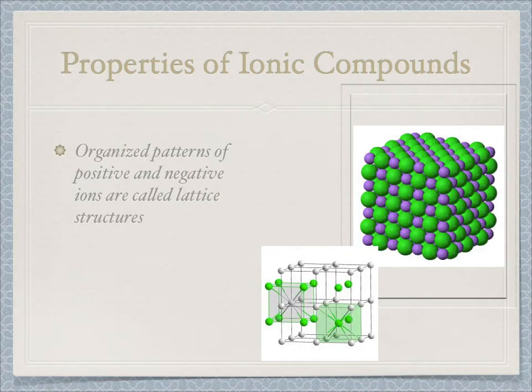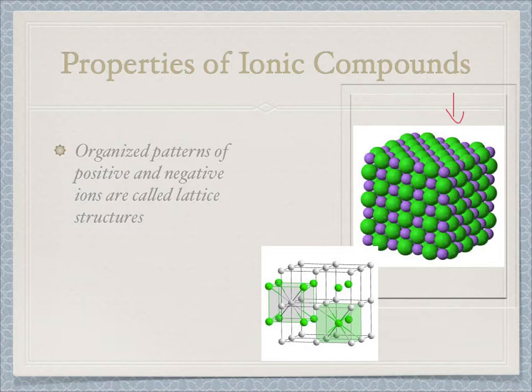Let's talk about some properties. When these ionic compounds form, they organize themselves into different patterns, and they can be different. Like, for instance, this example right up here would be like sodium chloride salt, and you'll notice that there's a purple, then a green, then a purple, then a green, every other one. And that's one common arrangement for an atom that loses one electron and another atom that gains an electron.